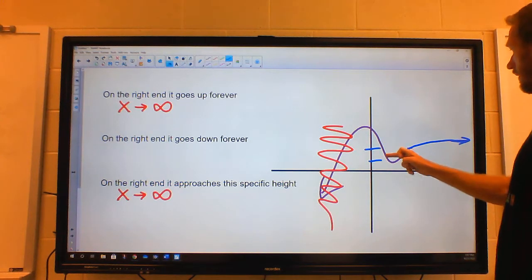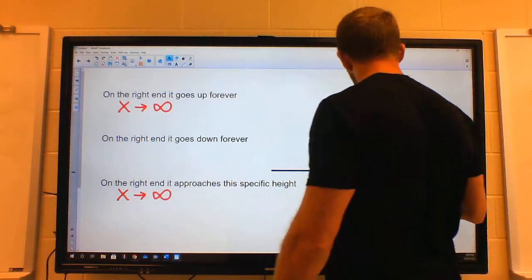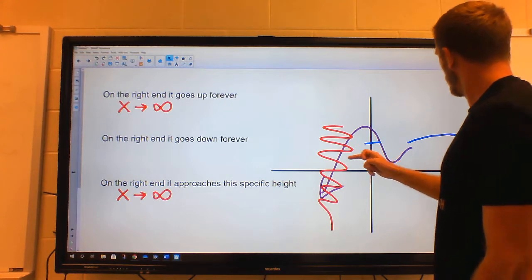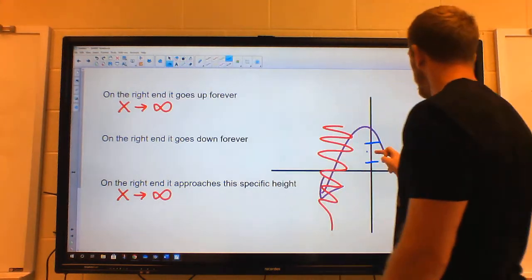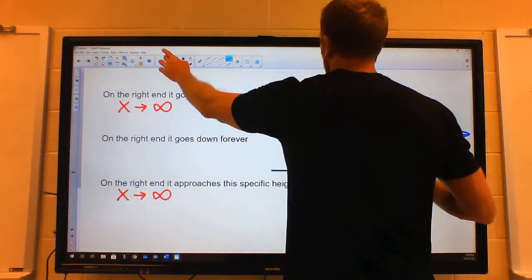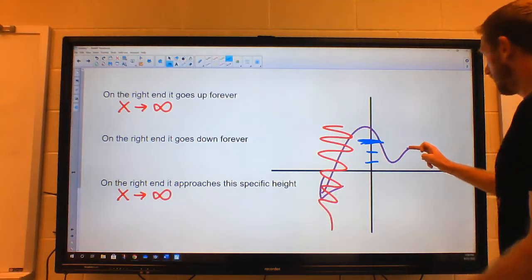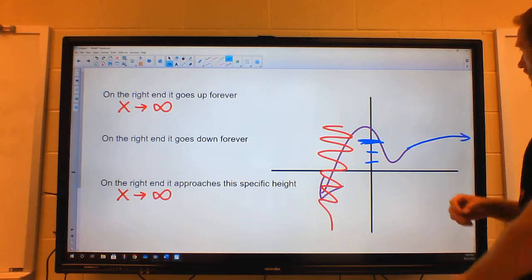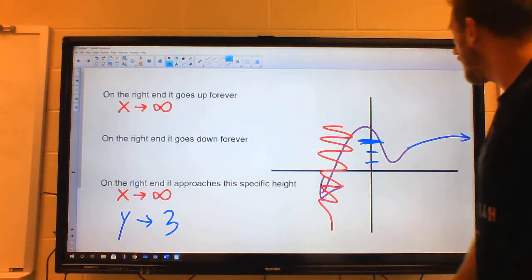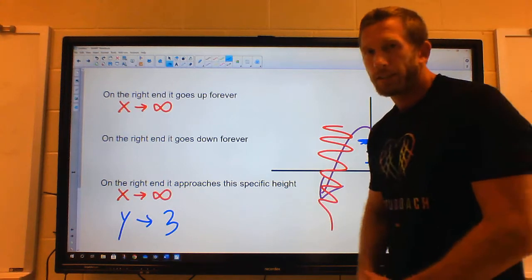And we'll say that height is 3. It's just flat lining out to a height of 3. Then we would just write y approaches that height of 3. It flat lines out.